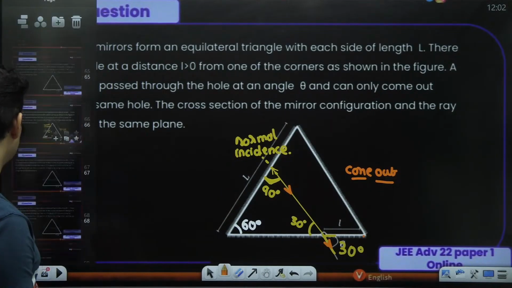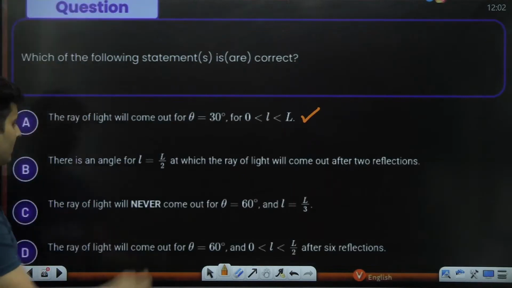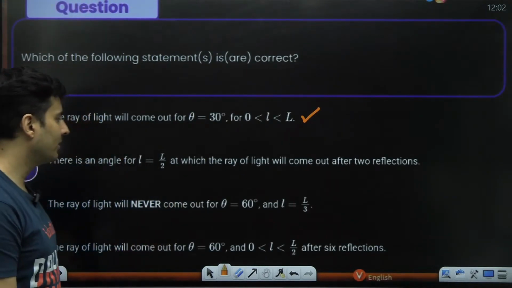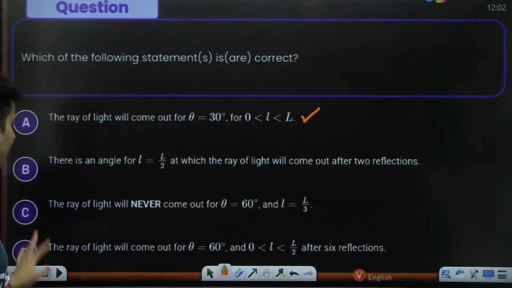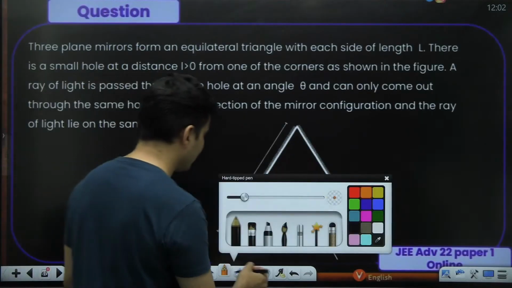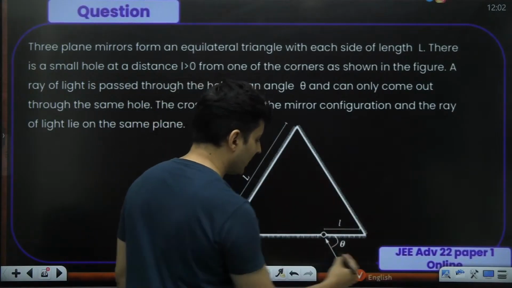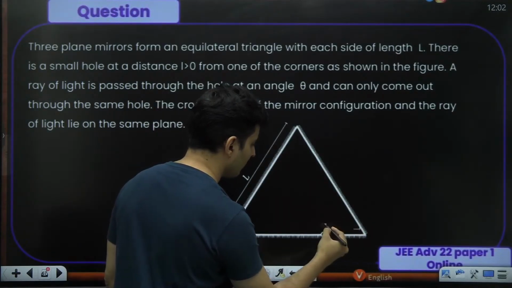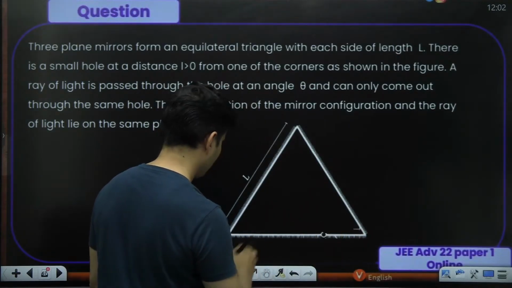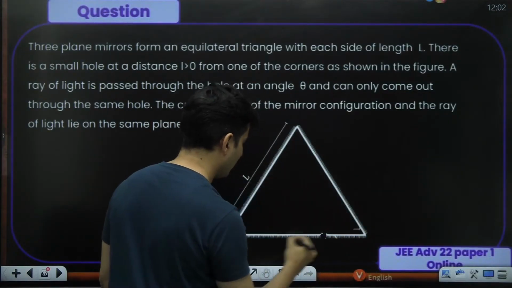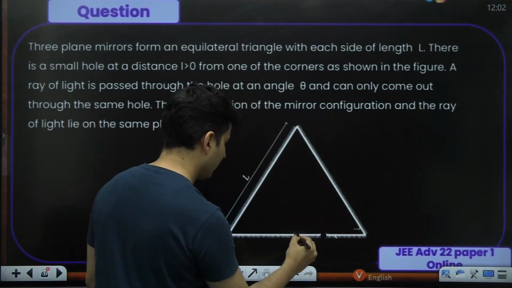Now let's go to the second option. What is the second option telling us? For l equal to L by 2, the ray of light will come out after 2 reflections. There is an angle for l equal to L by 2. L by 2 means it is exactly in the middle. So the hole is somewhere in the middle, maybe somewhere over here.